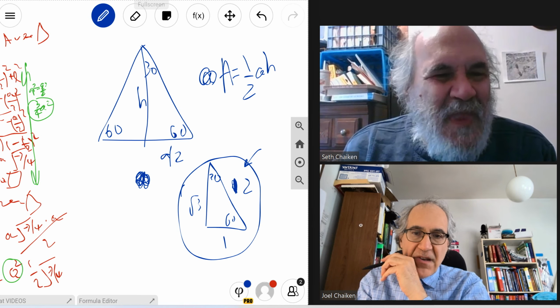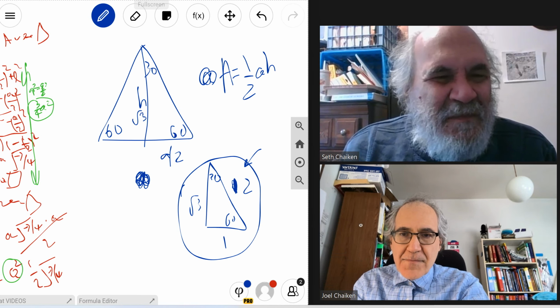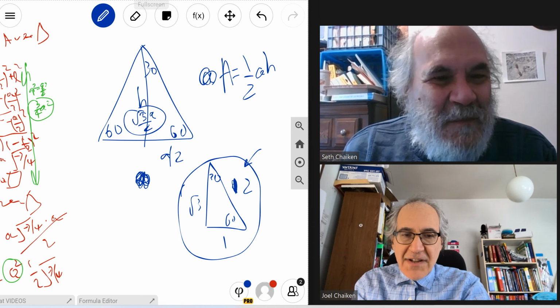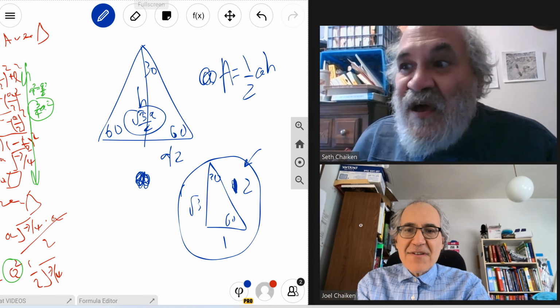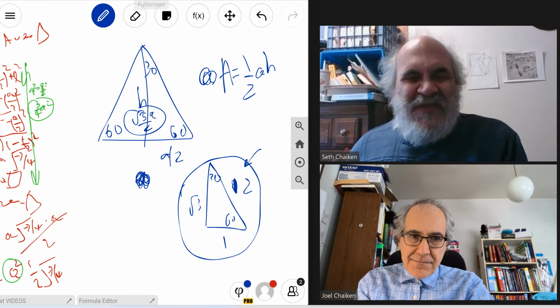So that means that this height side is the square root of 3 times A over 2. And believe it or not, you get the same answer. I just didn't think of approaching it that way.